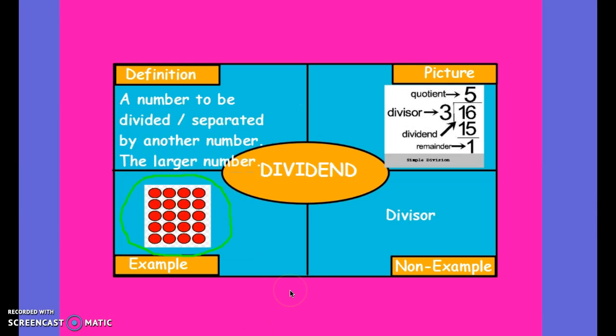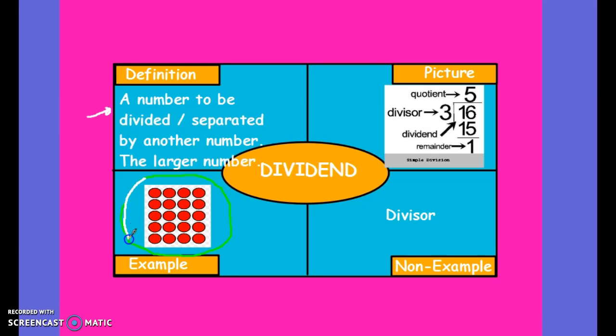The dividend is the larger of the two numbers, the one that goes inside of this long division box. By definition, the dividend is a number to be divided or separated by another number. This is the larger of the two numbers again. So if I'm looking at this array here, I have 4 groups, 5 rows, which means I have a total of 20.